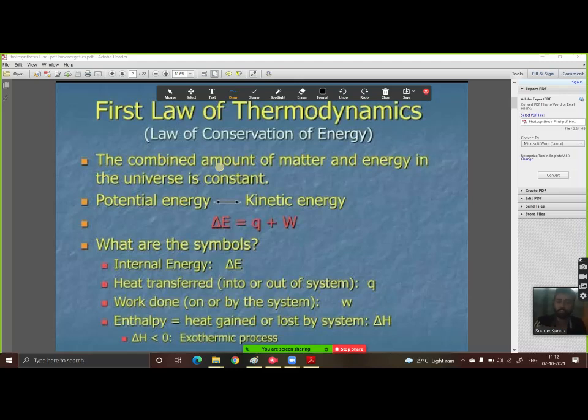We just need to understand the definition of energy and how it works. With respect to the first law of thermodynamics, we know that energy cannot be created nor destroyed; it can only transform from one form to another.